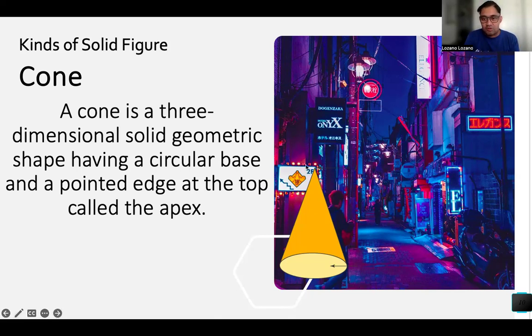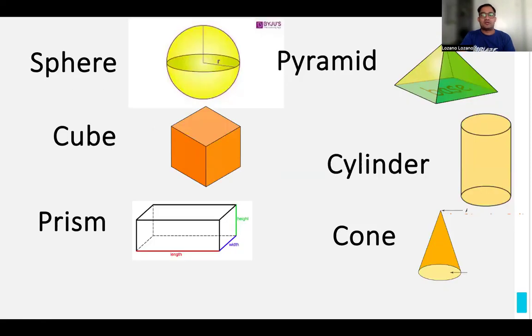Ayun, yung pinakatuktok, that is the apex, and the circular base. It's like a triangle that has a circular base shape. So this is a cone. Best examples are the party hat and ice cream cone. They are the cones.